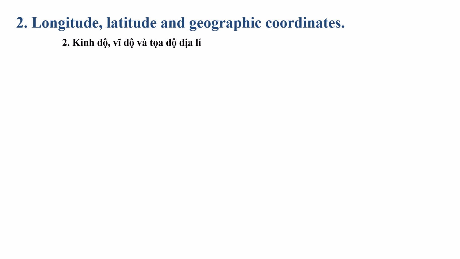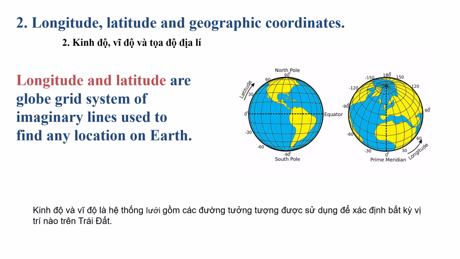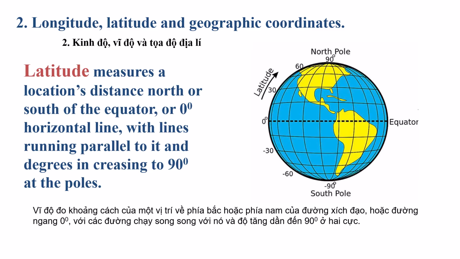Longitude, latitude, and geographic coordinates. Longitude and latitude are globe grid systems of imaginary lines used to find any location on Earth. Latitude measures the location's distance north or south of the equator, or 0° horizontal line, with lines running parallel to it, and degrees increasing to 90 degrees at the pole.